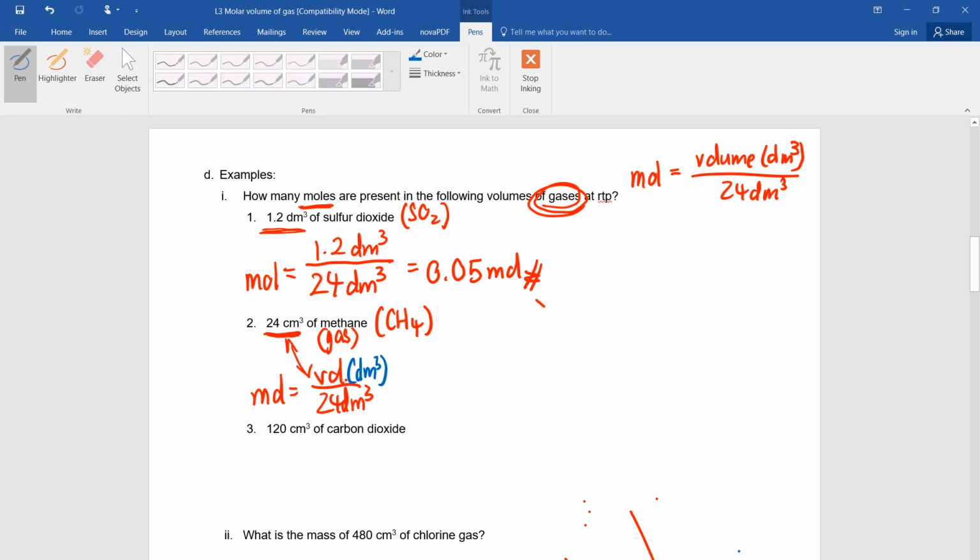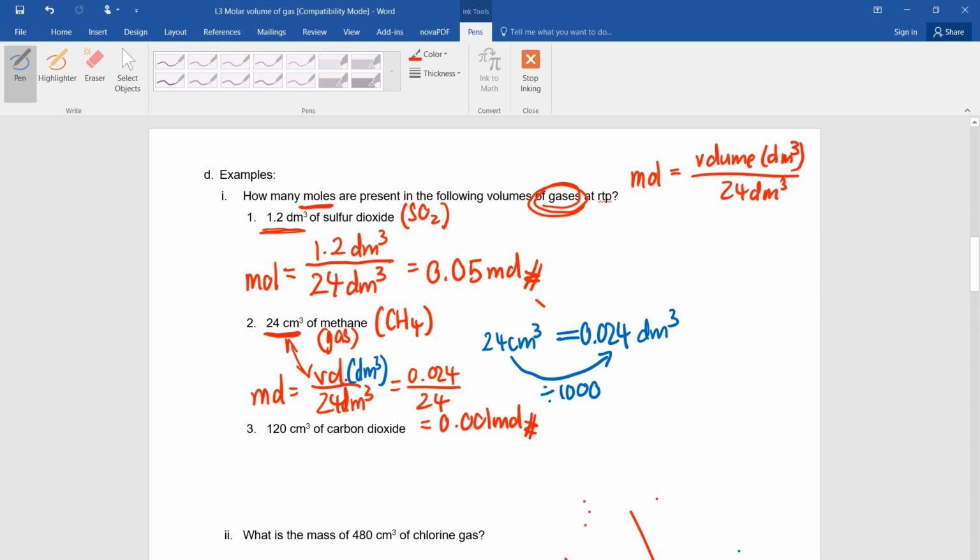So I have to first change. 24 cm cube, do you still remember how to convert it into dm cube? Yes, I divide it by 1000, and that will give me 0.024 dm cube. So the number of moles is equivalent to 0.024 divided by 24, and you can use a calculator to key in, and it will give you a value of 0.001 mole.